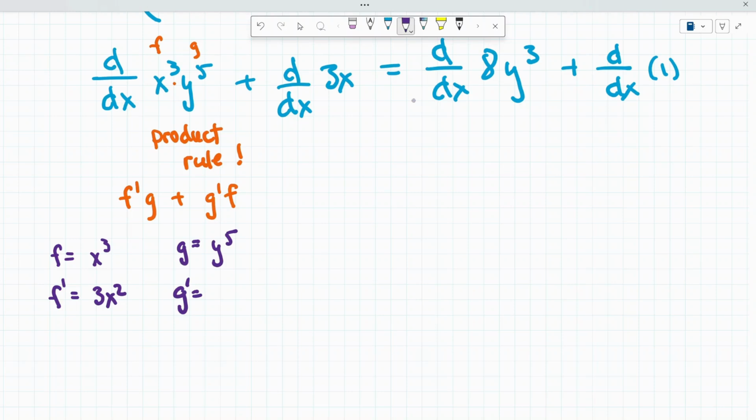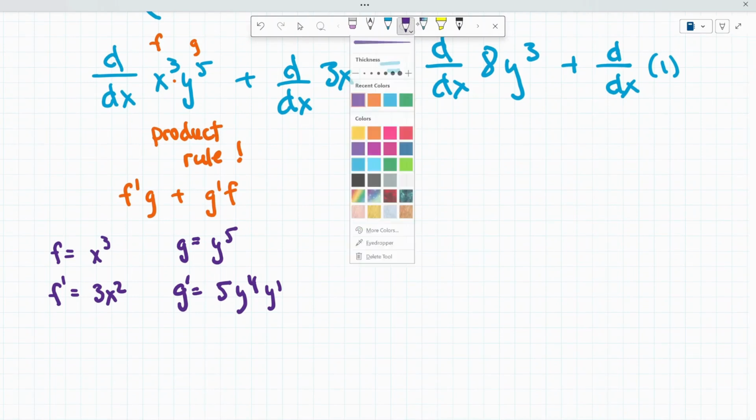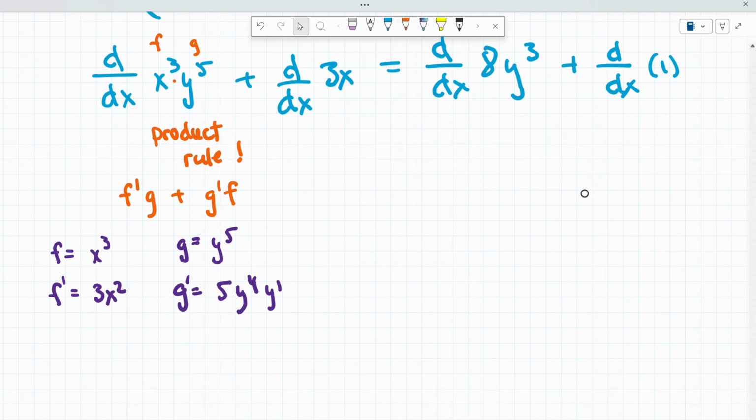So that means when we take the derivative, we have to use the chain rule. So here, first using the power rule, we get 5y to the 4, and then following our chain rule, we then multiply it by dy over dx, or in short form, you can just do y prime. Okay, so then using our product rule all together, what do we get over here?